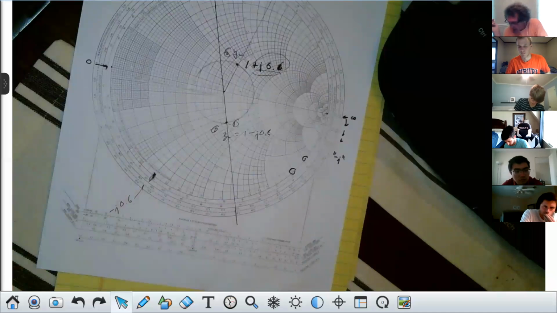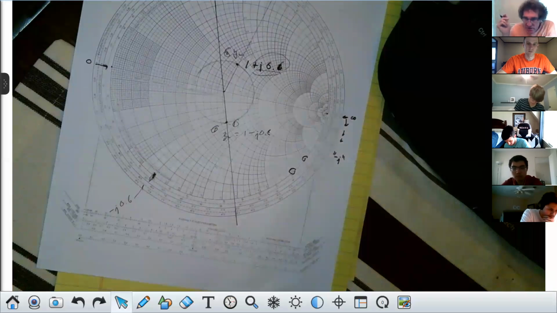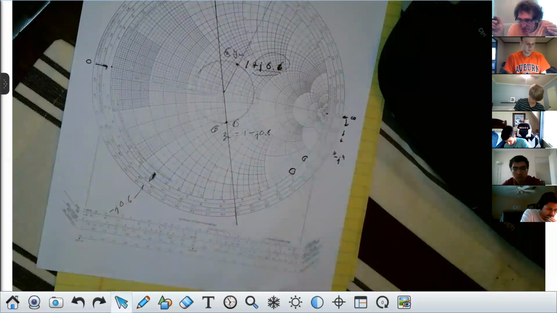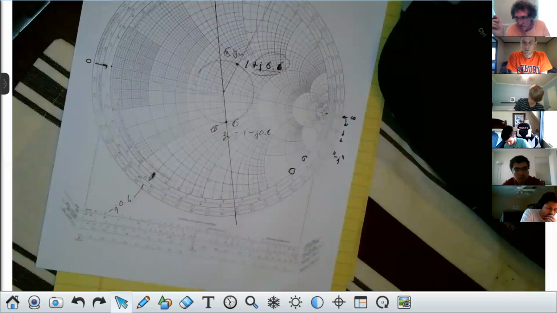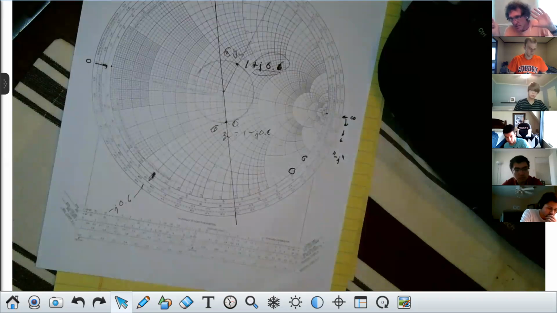Now, we've got black magic Smith charts. There's a variety of different Smith charts. Some of you may have printed things off from the internet that are better in some respect. They're larger, or more clear, finely resolved. No matter what Smith chart you use, you have to be able to find that point. And that's what I'm getting at. How many are using the black magic Smith chart? Anybody?